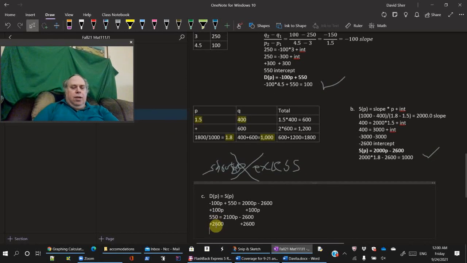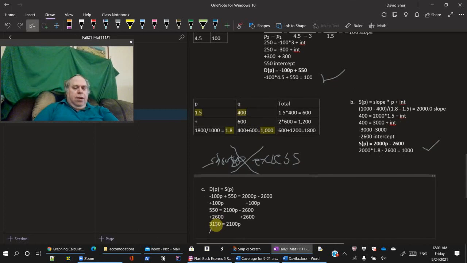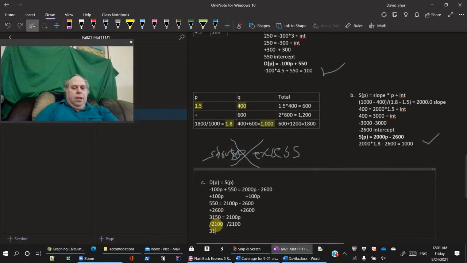That's going to give me 3150 equals 2100p. The numbers don't come out even because the realer the problem is, the less likely we are to get even numbers. Now I'm going to divide both sides by 2100. So I'll get 3150 divided by 2100 equals $1.50. And that is the equilibrium price.